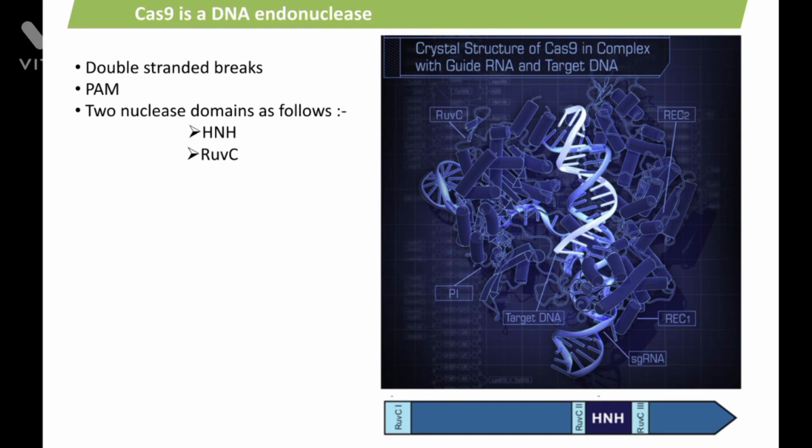Cas9 uses two nuclease domains to cleave the two strands in the target DNA. Cas9 contains domains homologous to both HNH and RuvC endonucleases. The Cas9 HNH domain cleaves the complementary DNA strand, whereas the Cas9 RuvC-like domain cleaves the non-complementary DNA strand.